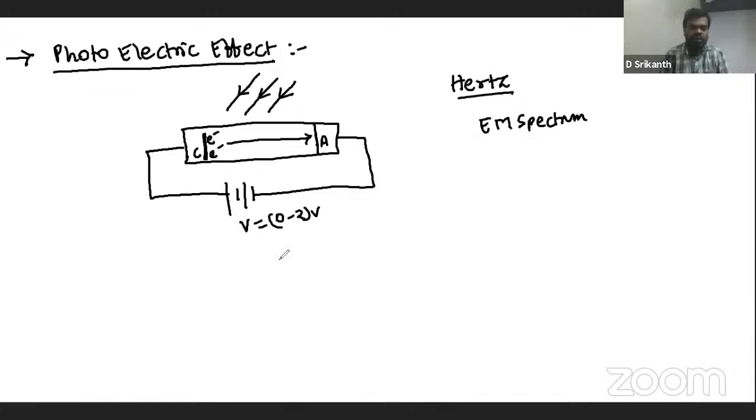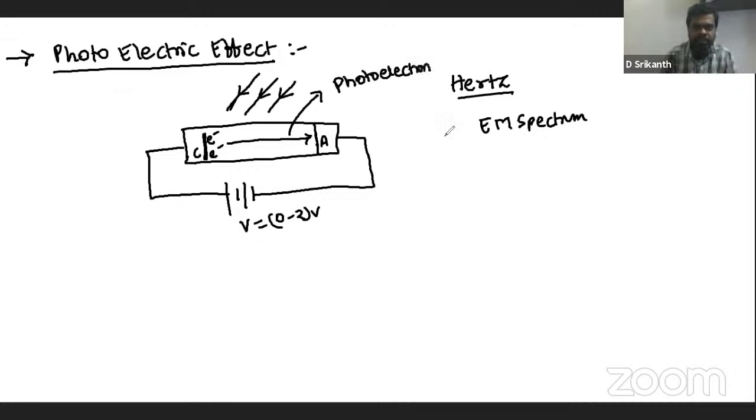Whenever microwave radiation is incident on the cathode, electrons are emitted. Here electrons are emitted due to the light energy, so the emitted electrons are called photoelectrons.